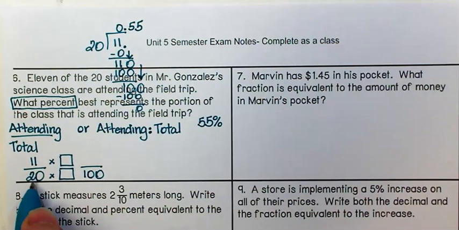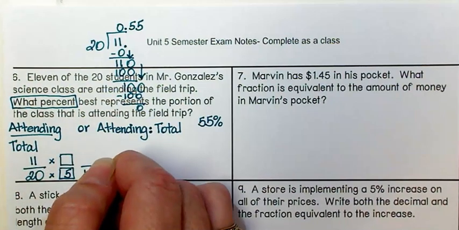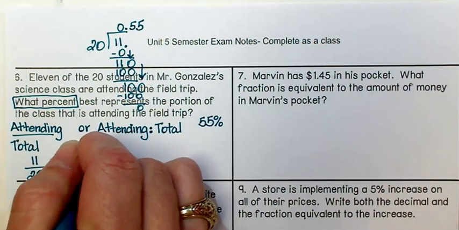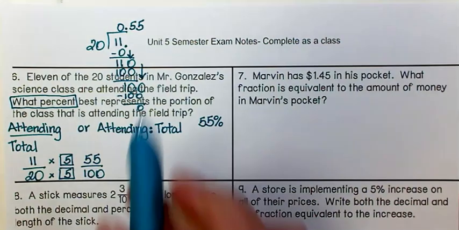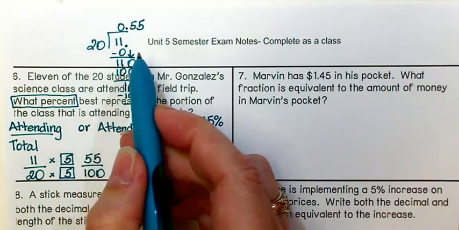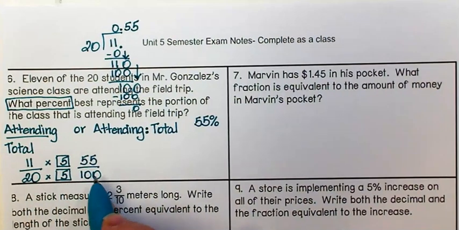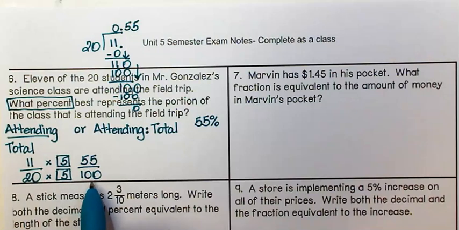Well, I look at 20 and I say 20 times 5 gives me 100. So let's do 11 times 5, and that gives me 55. Okay? So I can either do long division, which some of you may not love, or you can kind of scale it up. Go from this fraction, which is over 20, to this fraction, which is over 100, which shows you the percent.